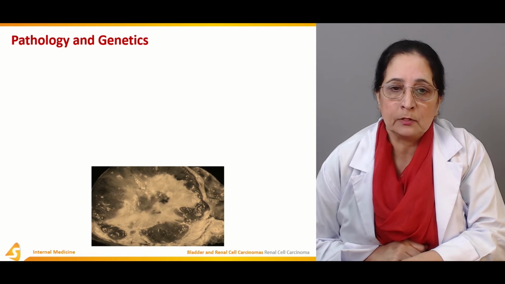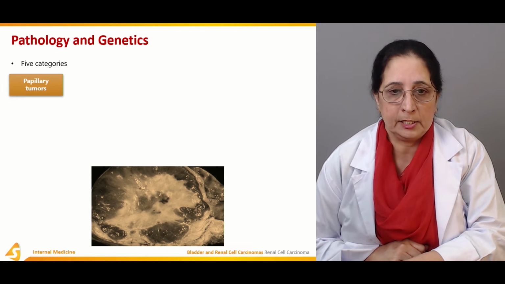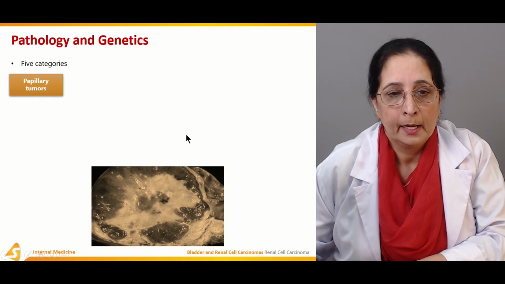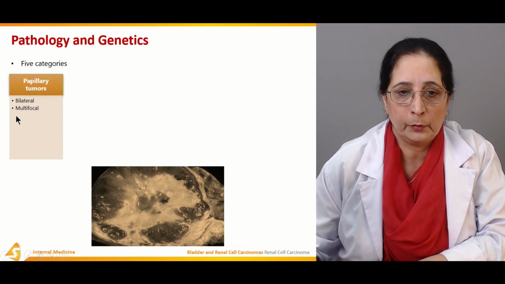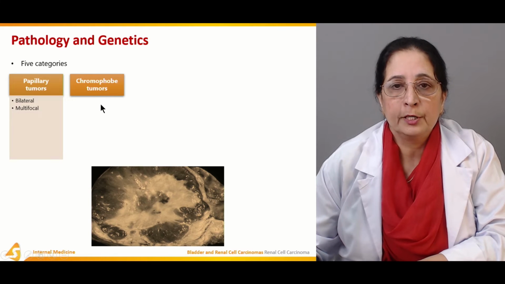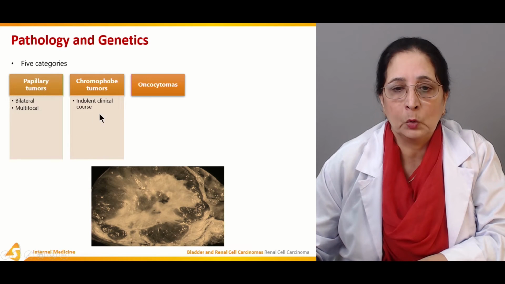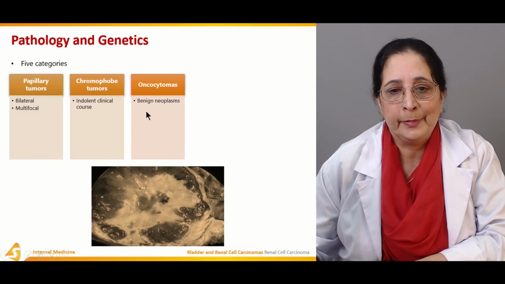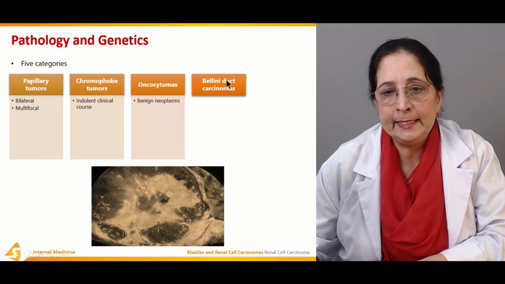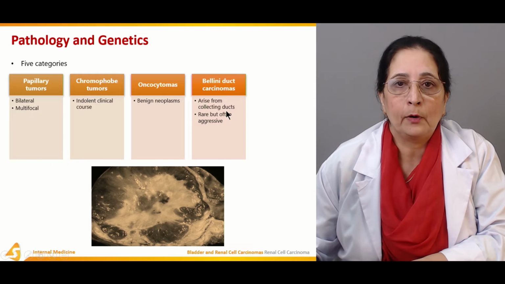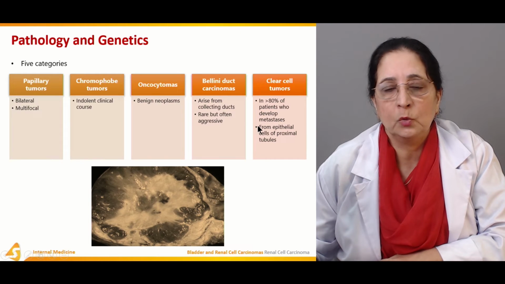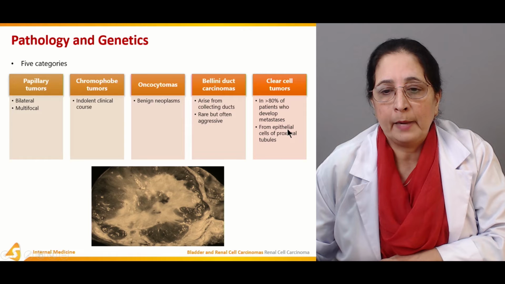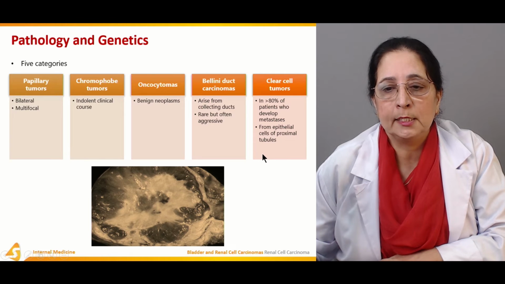Pathology and genetics of renal cell carcinoma: there are 5 categories. We have papillary tumors, which are bilateral and multifocal. Chromophobe tumors have an indolent clinical course. Oncocytomas are benign neoplasms. Bellini duct carcinoma arises from the collecting duct, is rare but often aggressive. Clear cell tumors occur in more than 80% of patients who develop metastasis, arising from epithelial cells of the proximal tubules.